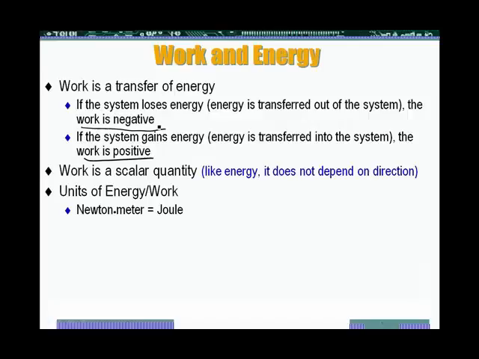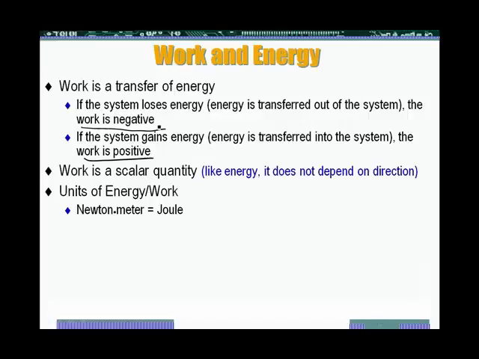Whenever we use an equal sign, that means these quantities have to be of the same nature. They need to have the same units, and they need to be either both scalars or both vectors. Now, when you talk of energy, one thing to remember is that it's not a vector.